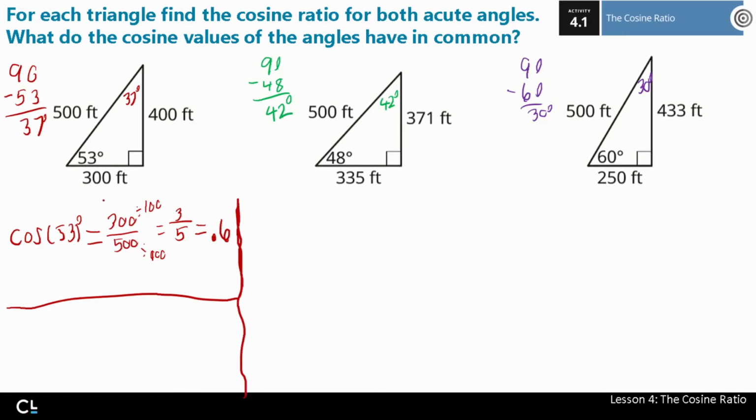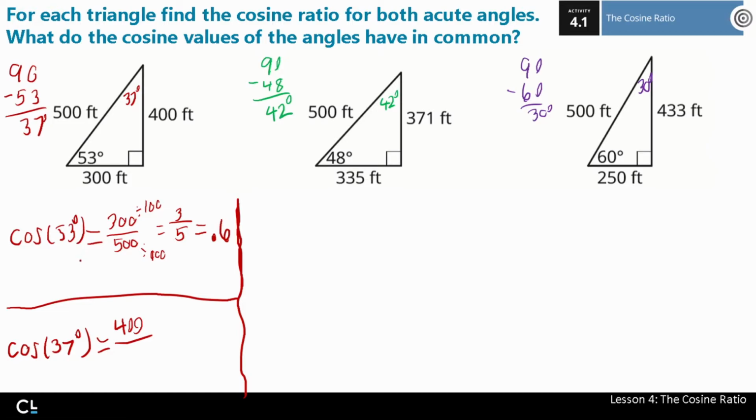And now we want to do it for this other angle, 37. We're going to get cosine of 37 degrees. Keep putting the degree outside the parentheses. There you go. So cosine of 37 degrees. Now, our opposite is 300, so our adjacent is going to be 400. So we get 400, and our hypotenuse should always stay the same if you're in the same triangle.